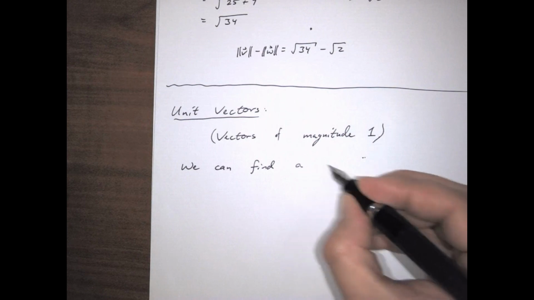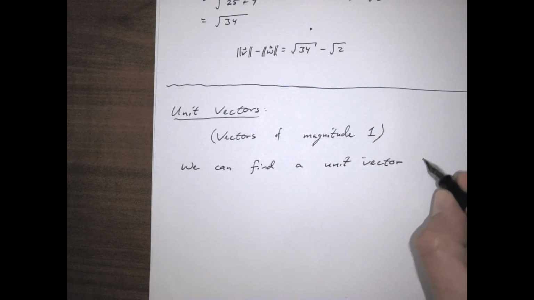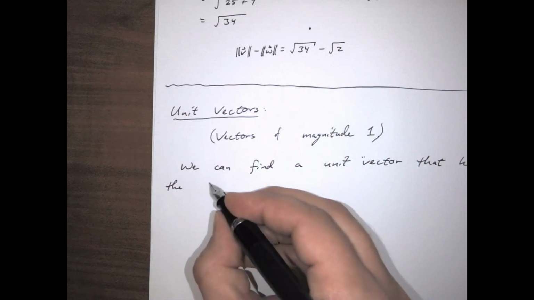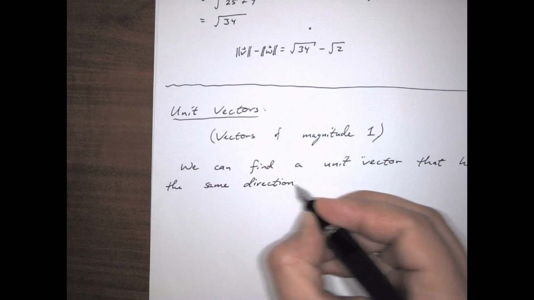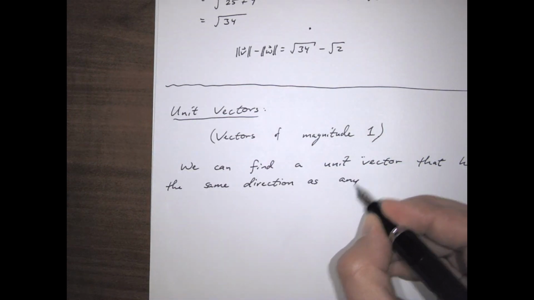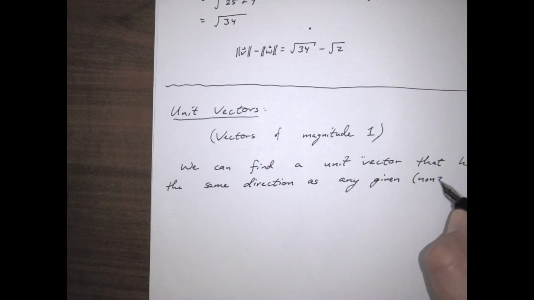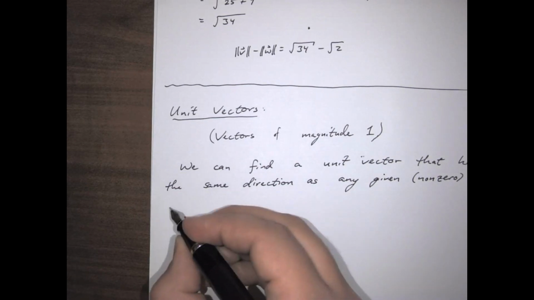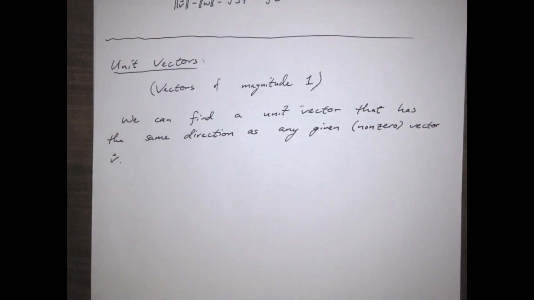And we can find a unit vector that has the same direction as any given non-zero vector V. What I mean by non-zero is V can't just be 0, 0.